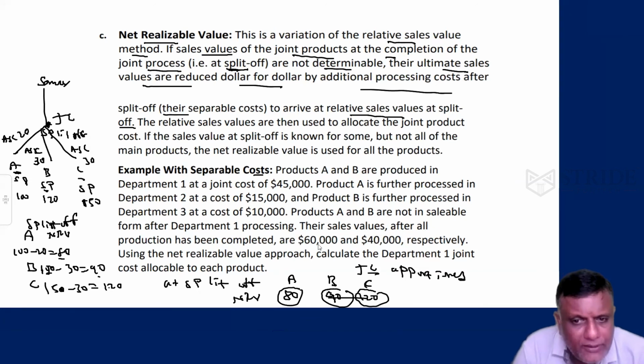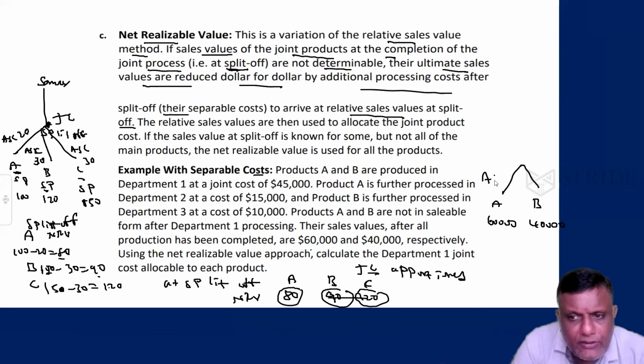Product can be sold. Yes, product can be sold. That's it. Same idea here. There are two products coming out, A and B. Product A value $60,000. Product B value $40,000. After separation cost, $15,000 and $10,000. This is split off.